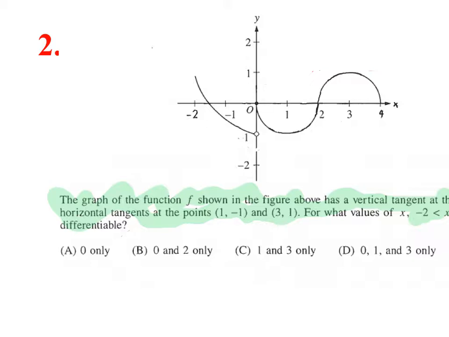Well, clearly f is differentiable at these points, because at all of these points I can easily find a slope. The only ones that I'm not clear on: this one I know is not differentiable, because it's not continuous. And we know that if a function is not continuous, it's not differentiable.